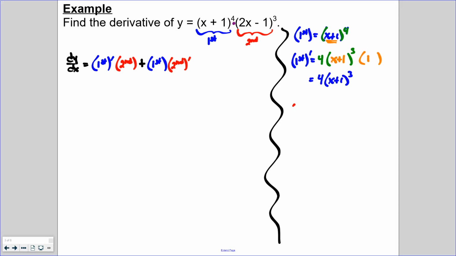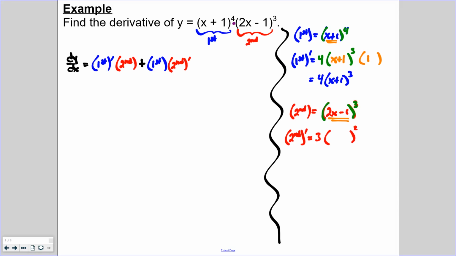Alright, on to the second. So our second function we defined as the quantity (2x minus 1) cubed. And then when we come in and take the derivative, guess what? It's a chain rule. Who would have thought? Well, maybe because I put the title on here. But anyways, we do have the inside function of 2x minus 1, and then we have the outer function of the quantity cubed. So chain rule says take the derivative of the outside first, so we'll get 3 times the quantity squared.